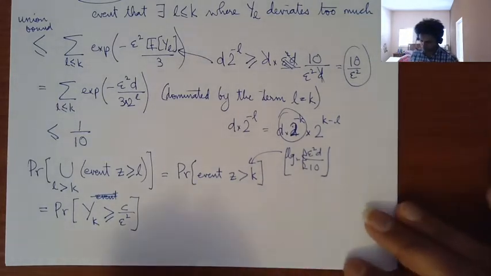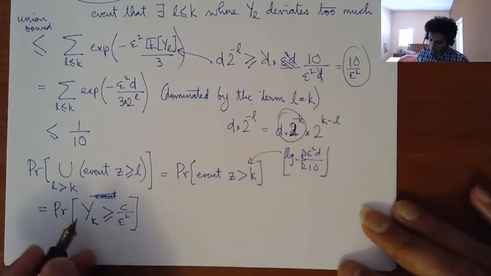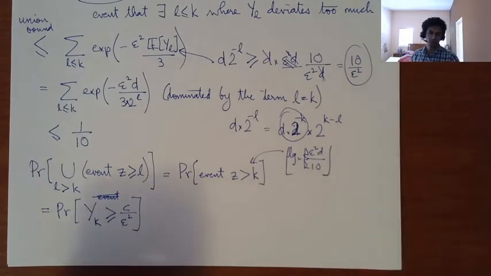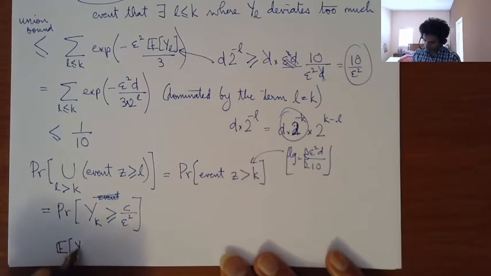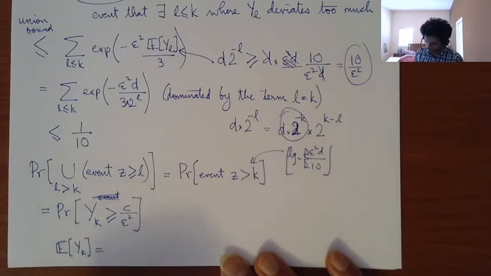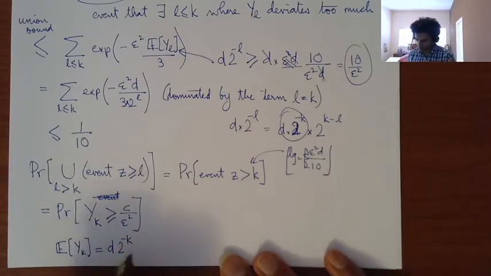Okay. So now we need to understand what is the probability that y of k is going to be large. Now we'll just use Markov. So we'll say, what is the expectation of y of k? As we discussed, this is d times 2 to the minus k.